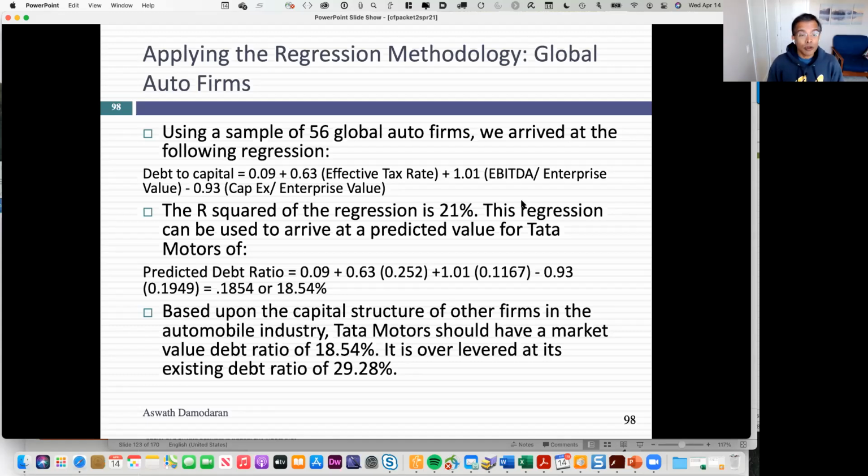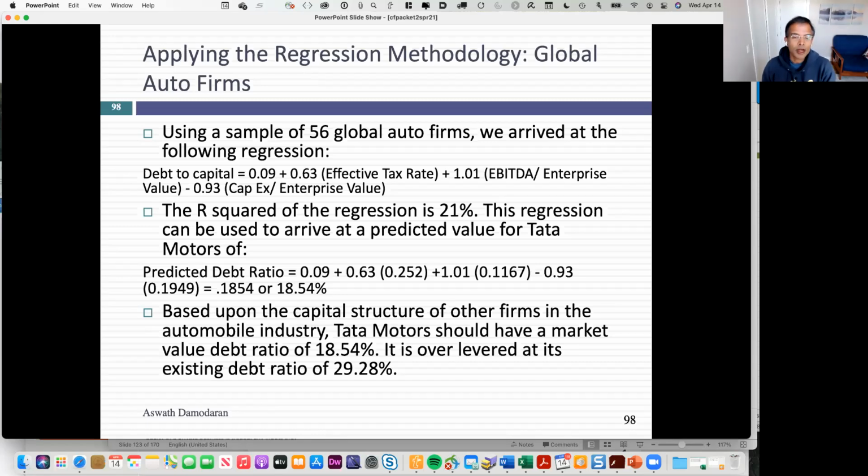Also how much cash flow they had, because you need more cash to service debt. Companies that have a lot of cash flow, and I'm using a very generic measure of cash flow, EBITDA. And I'm also going to make the hypothesis, if you're a growing company with a lot of future investment needs, you should be a little more wary about borrowing money, because we talked about flexibility, that you need debt. So the coefficients all had the right signs. Higher tax rate companies had higher debt ratios. The more cash flow generated, the higher the debt ratios.